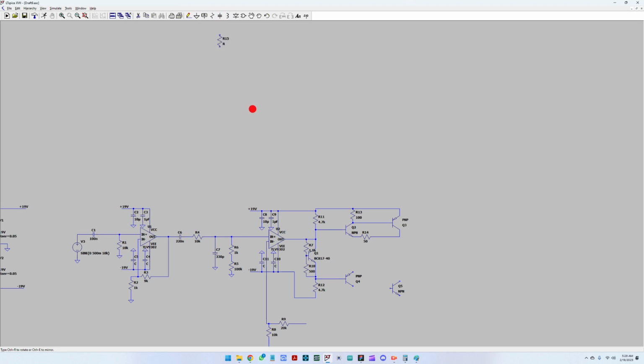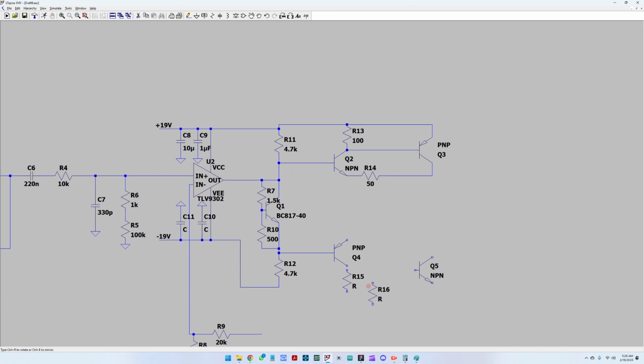Hopefully I have arranged them. Okay, yes. Now we need a supply for Q4, so I'm going to put this here. And then what we also need is an emitter resistor here, similar to Q2, so that we don't accidentally short here.